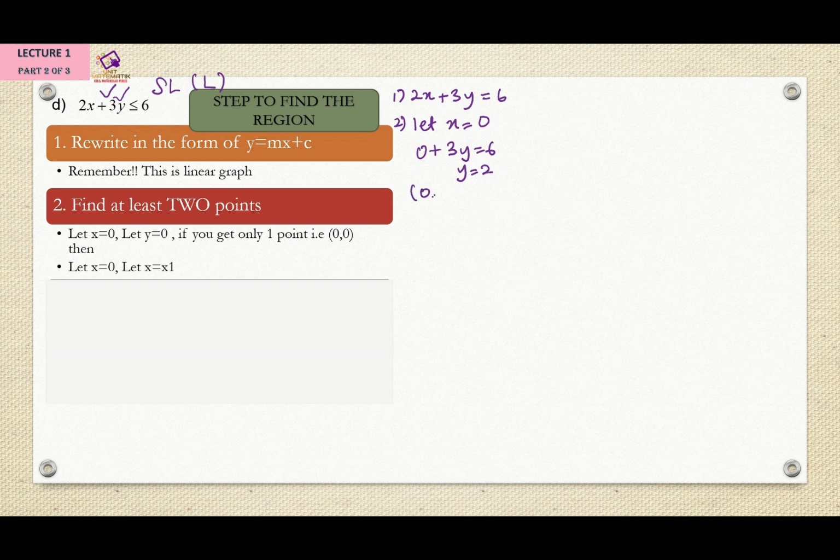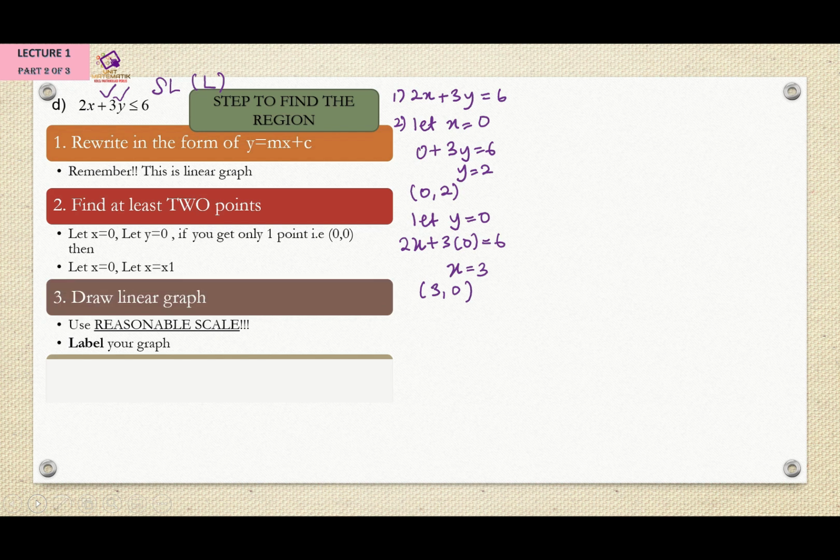Write your coordinate, 0, 2. And then for the second point, we let y equals 0. So your x will be 3. So 3, 0. Okay, student?